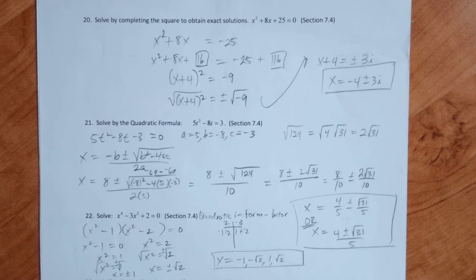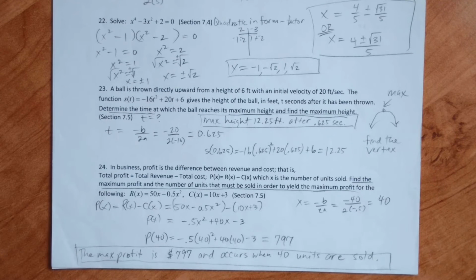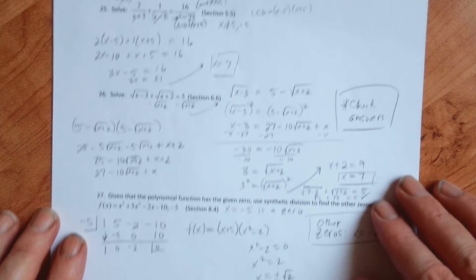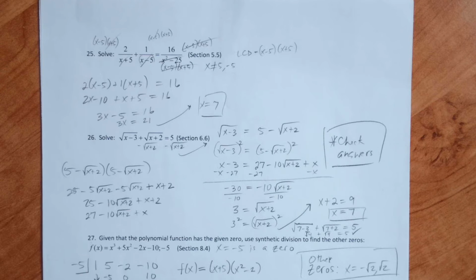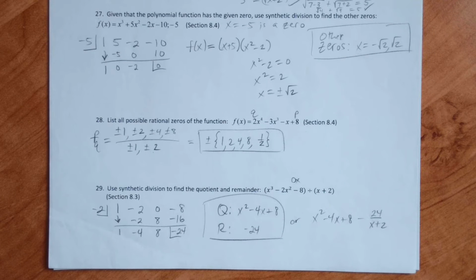Number 20 and 21. 22 through 24. Of course, 24 was optional. 25 was optional. There's 26. And then 27 through 29.